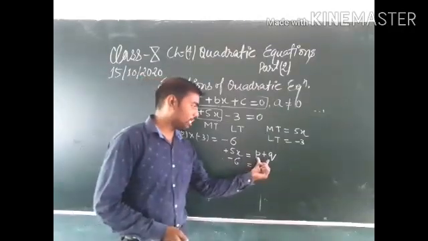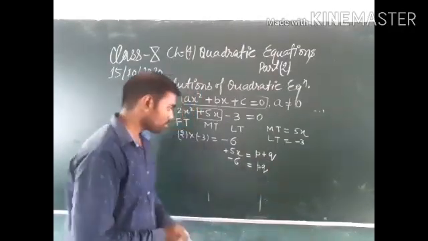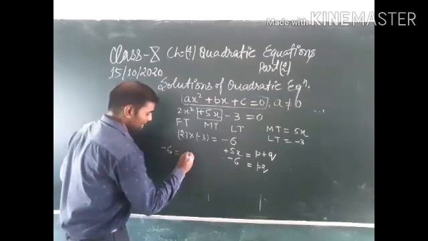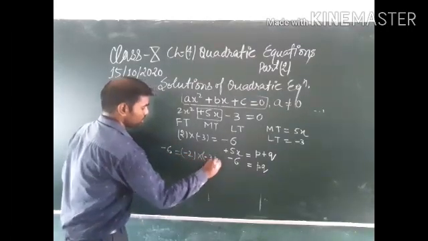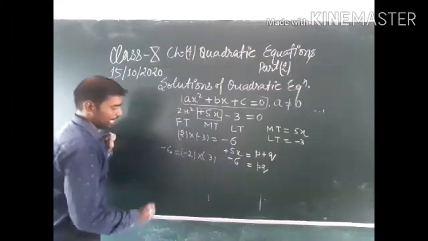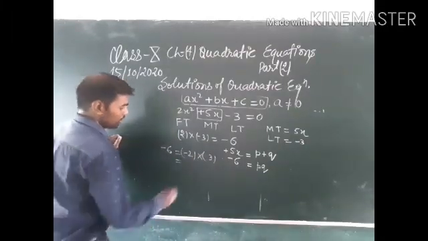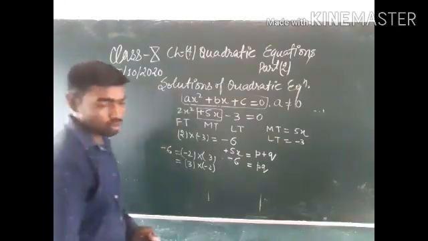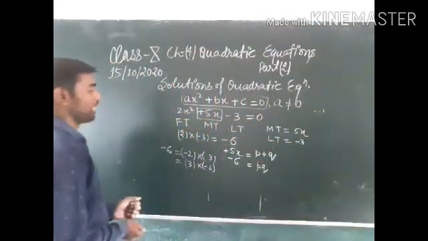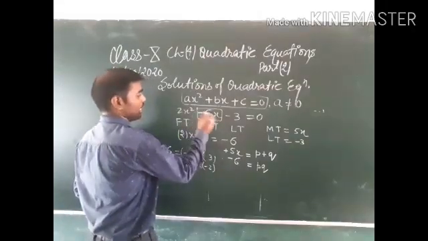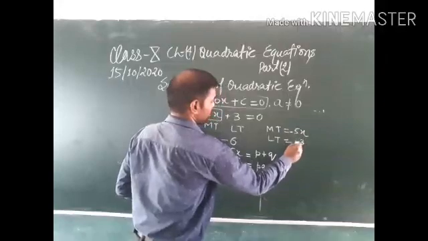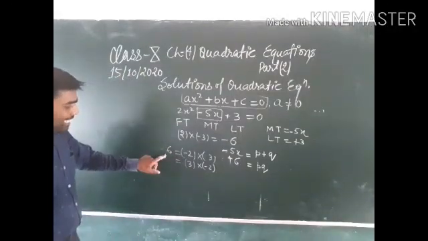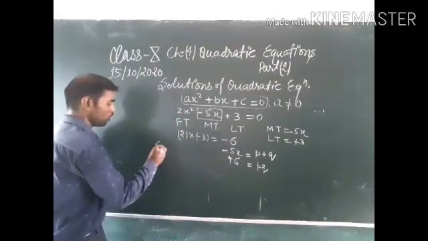So first we find the values of P and Q. Since the product is −6, it can be written as −2 into 3.